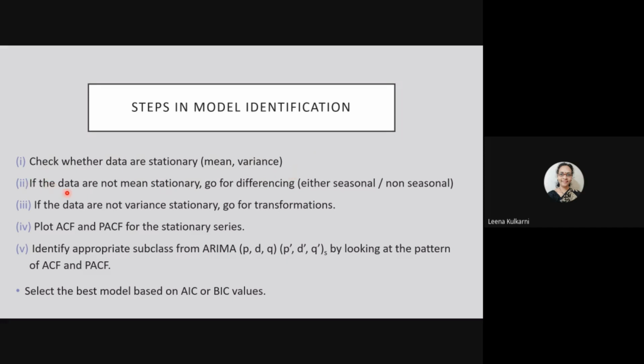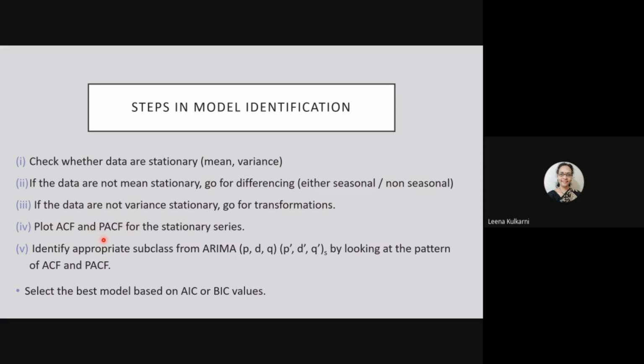If your data are not mean stationary, you will have to go ahead with seasonal or non-seasonal differencing to make the data stationary. If the data are not variance stationary, go ahead with transformations to make the data stationary. Then you need to look at the autocorrelation function and partial autocorrelation function.